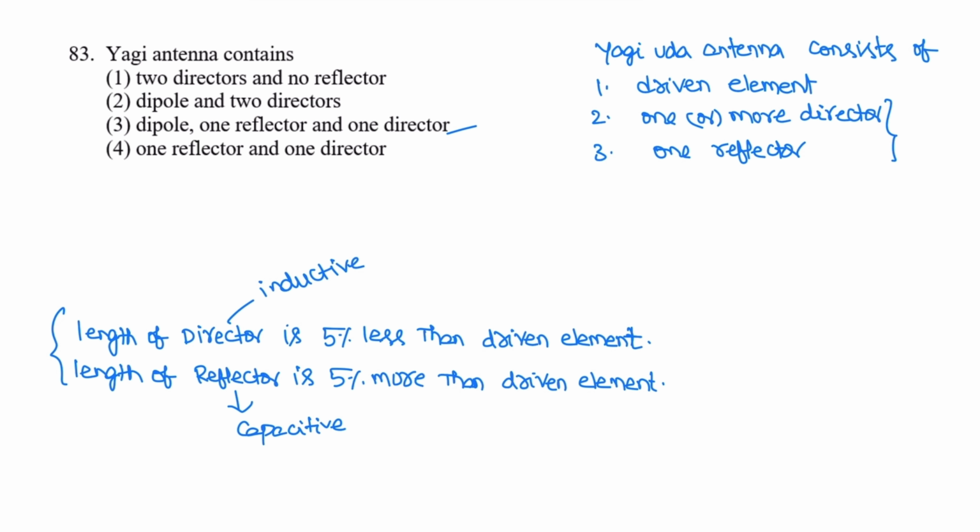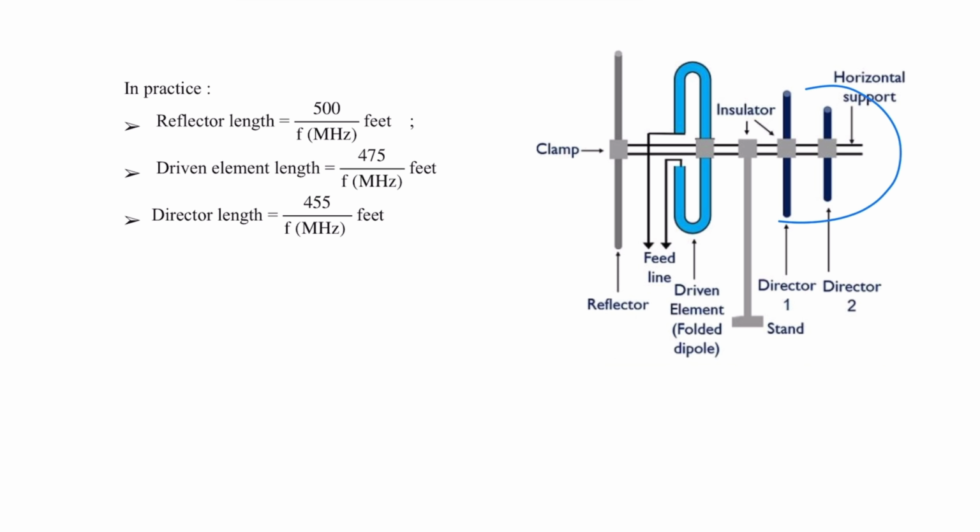The parasitic element in front of the driven element is the director, and the parasitic element at the backside of the driven element is the reflector.